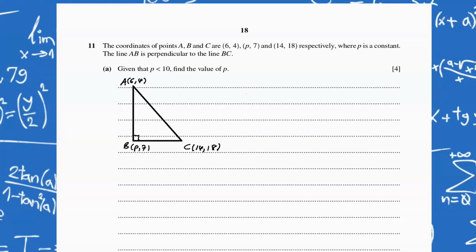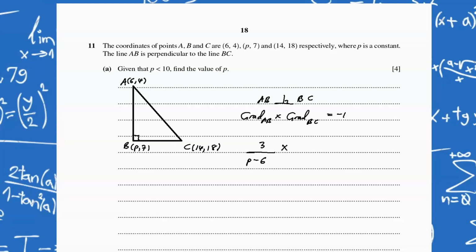So since AB is perpendicular to BC, it means that the gradient of AB times the gradient of BC should give us -1. So the gradient of AB will be 7 minus 4, which is 3, over P minus 6, times the gradient of BC.